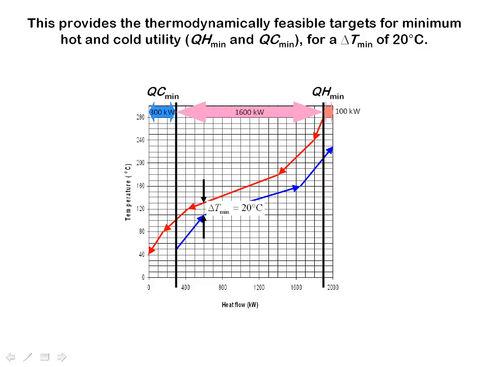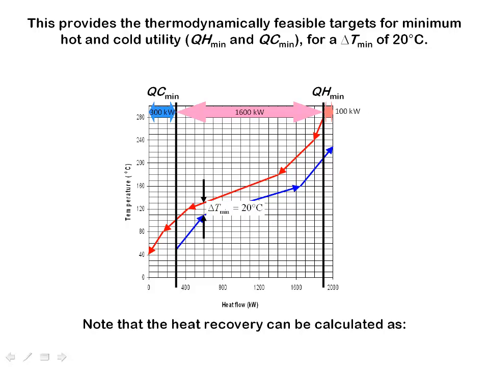You know with confidence that your heat exchanger network couldn't be any better. It's as good as it can be. Alternatively, if you design a heat exchanger network that requires more steam or more cooling water than this, then you know that you're doing something wrong and you've missed an opportunity for heat recovery.